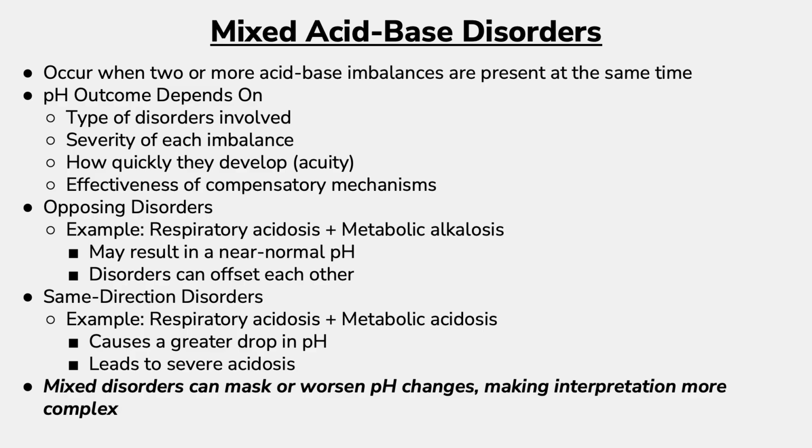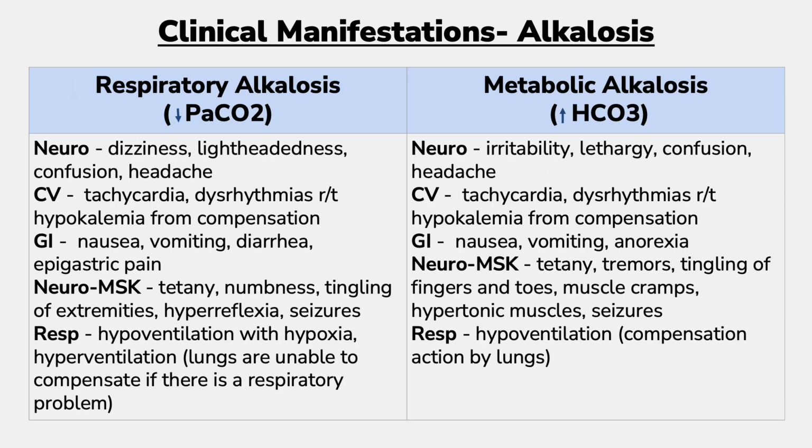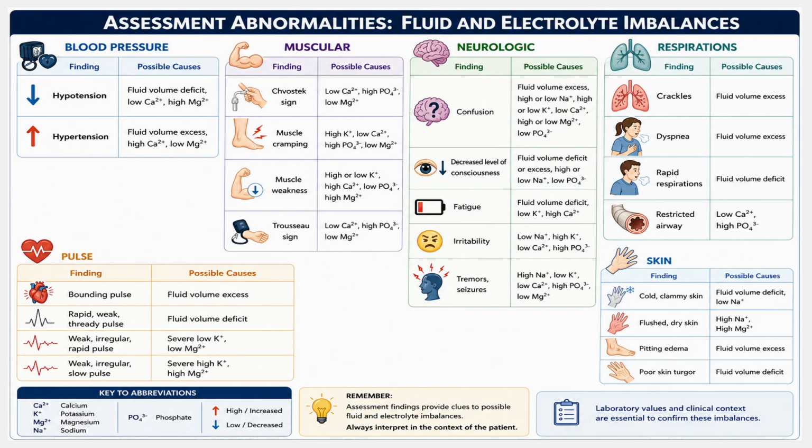Okay. These are the clinical manifestations of alkalosis, respiratory alkalosis, and metabolic alkalosis. As you can see, they affect every system of the body. Besides knowing what we would expect to see, it's important for us to understand why these symptoms happen.